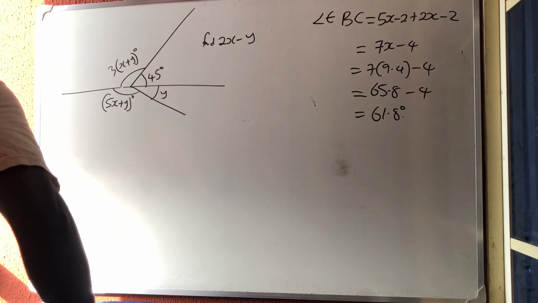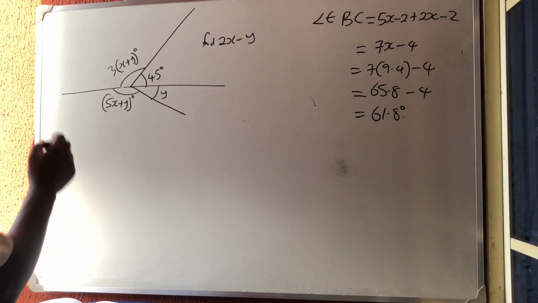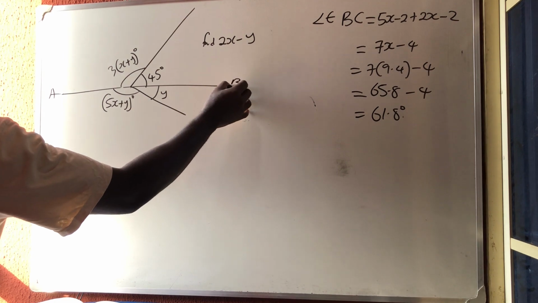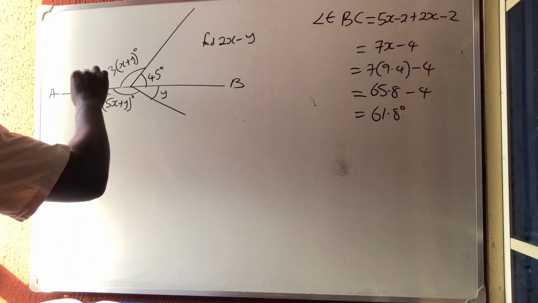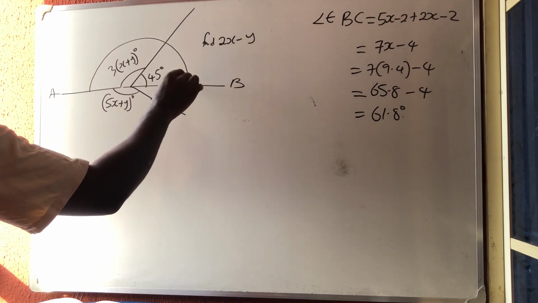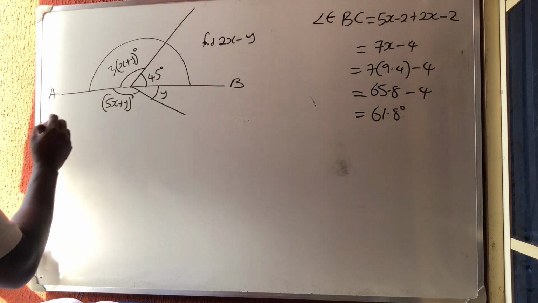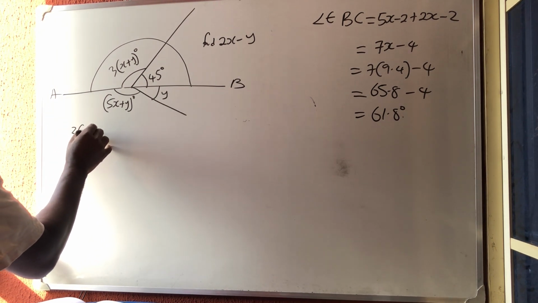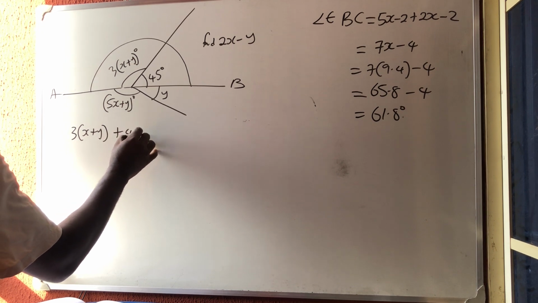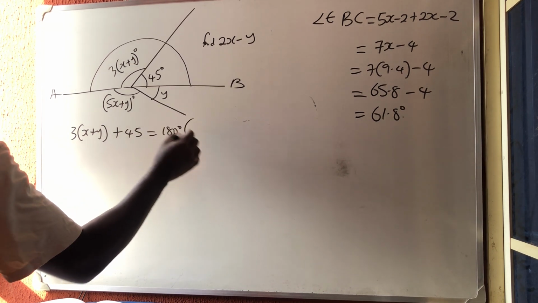Now before that, let's look at this. Look at a straight line AB, for instance. This is a straight line, and if I can move from this side to the other side, I'm seeing half of a circle. So I can tell them that 3 in bracket of x plus y then plus 45 is equal to 180 degrees. What's my reason?